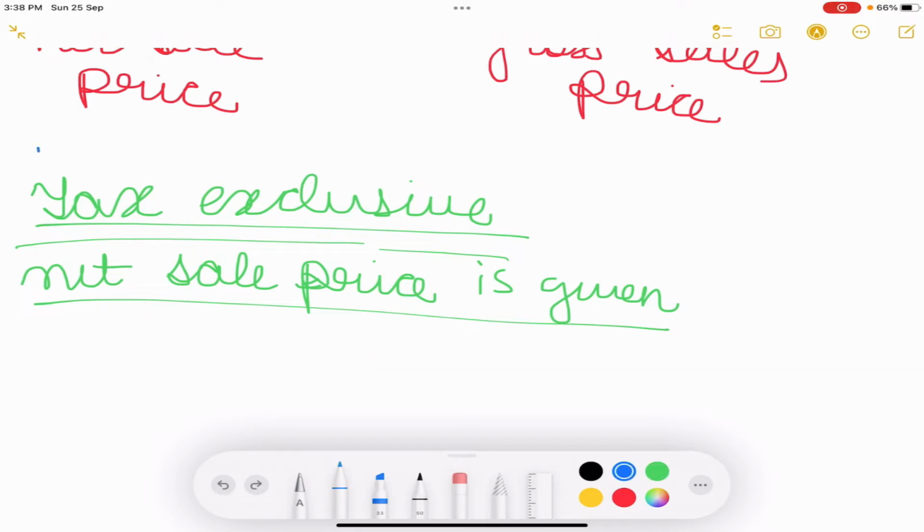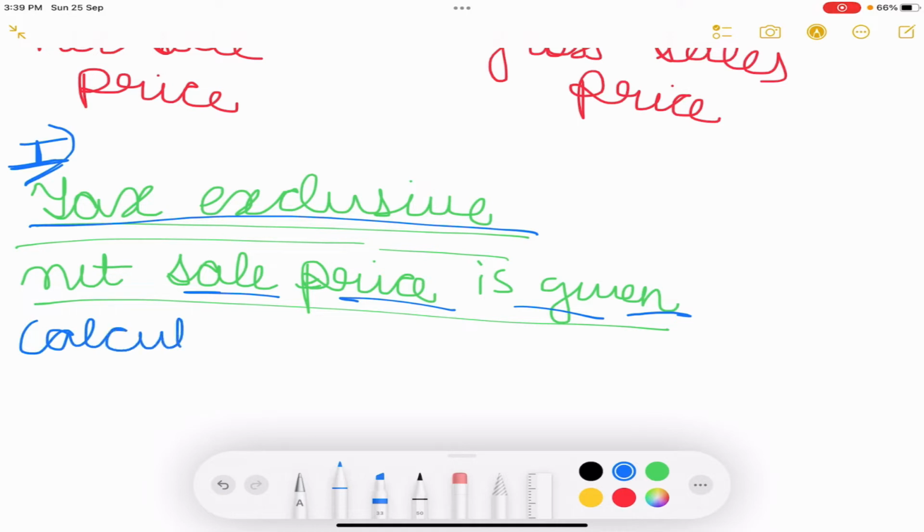Okay, this is the first condition wherein a tax exclusive value or a net sale price is given. So in such a situation, how will you calculate tax when the value does not include the tax? Net means the tax value is not included. So what is the formula here?